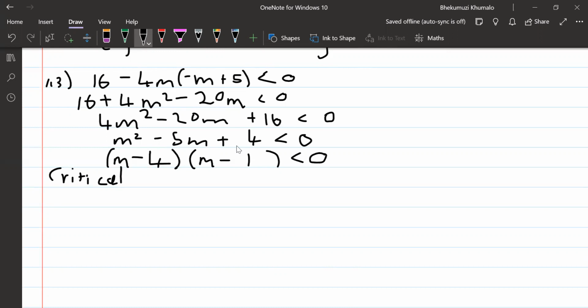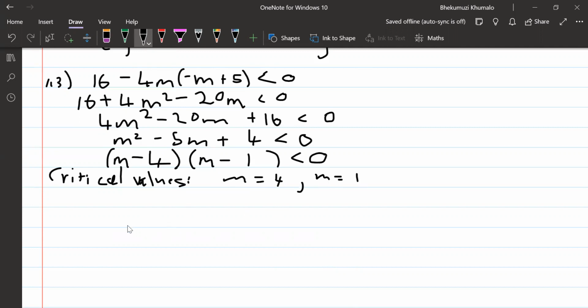So that's why we have critical points, and from there we look at all the other values to the right and to the left of it, trying to figure out which ones would give us a negative value when we put them into the equation. So the critical values in this case would be m equals 4 and m equals 1.